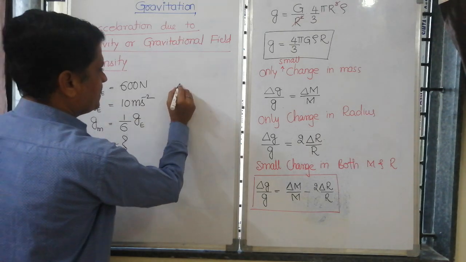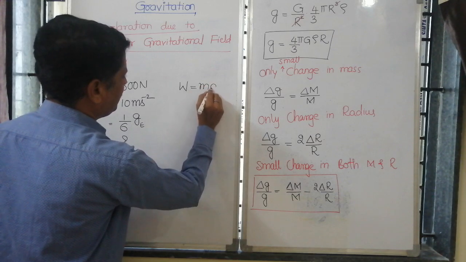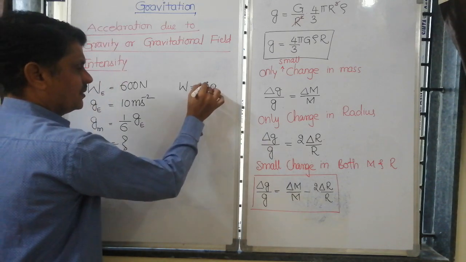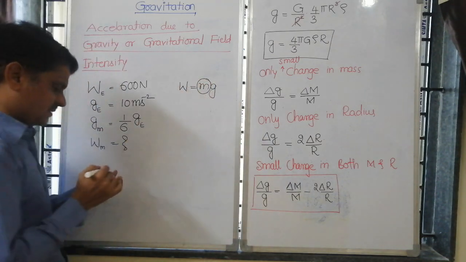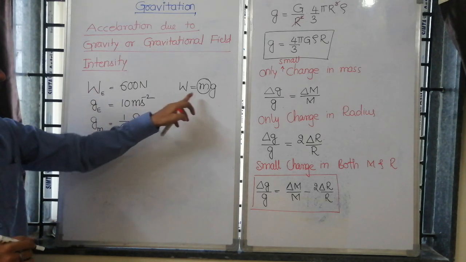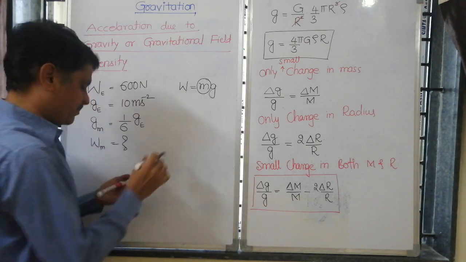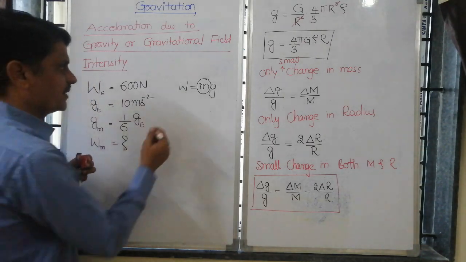Okay, come on. See, weight is equal to m into g. You know, mass remains the same on earth as well as on moon. Hence, weight is directly proportional to g.